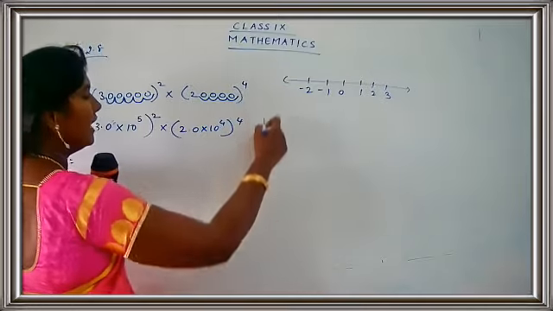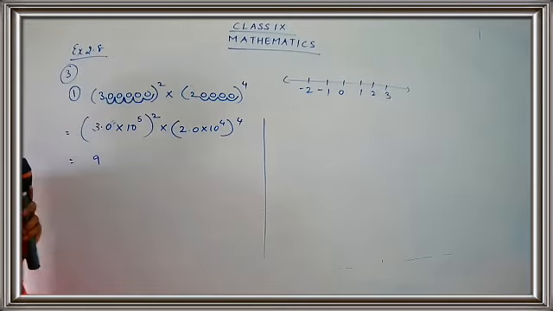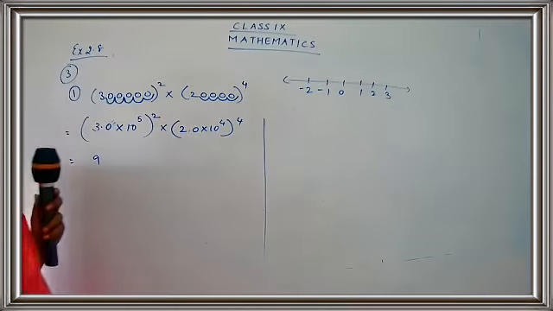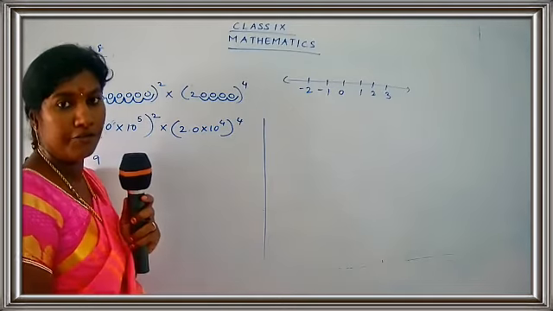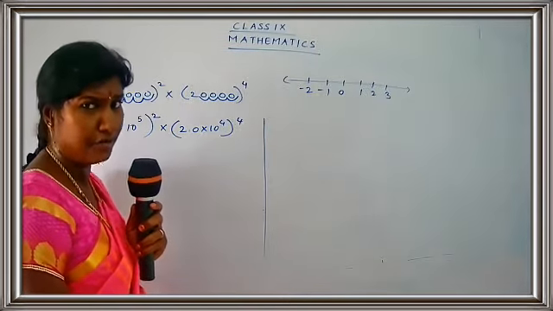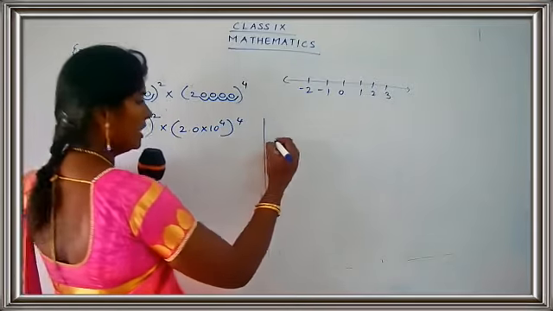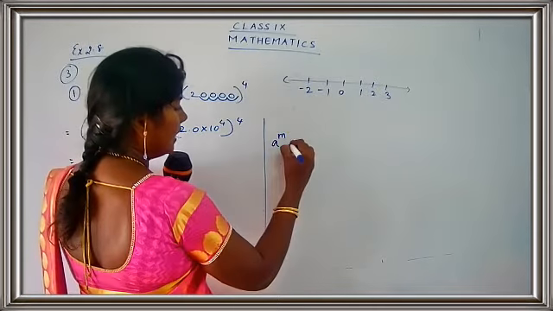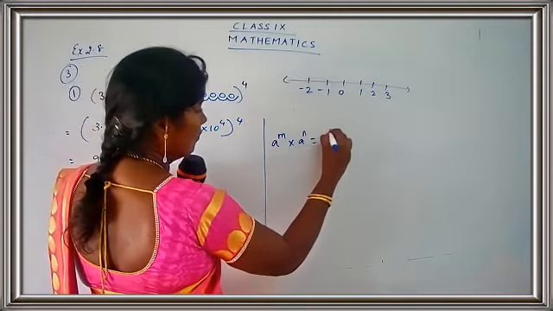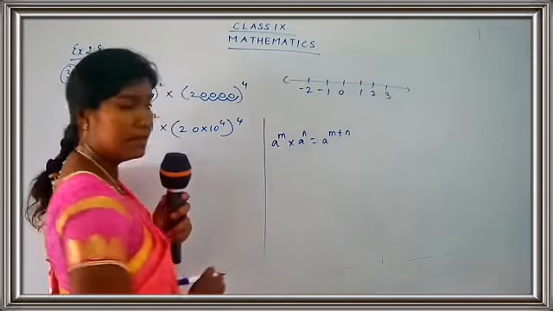Children, I just want you to take down this law of indices in the right corner. You would have studied the law of indices in your 8th standard. Just write down here, a raised to m into a raised to n is equal to a raised to m plus n. Do you remember this law?